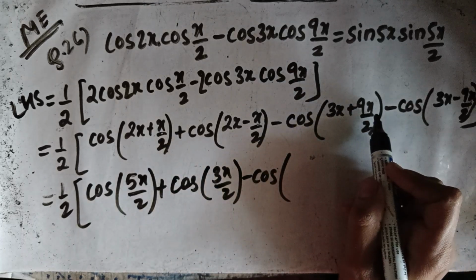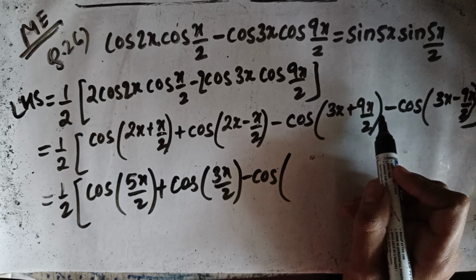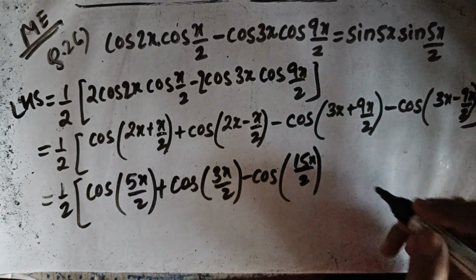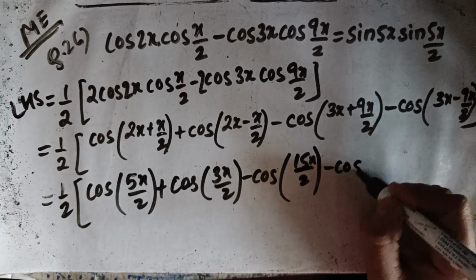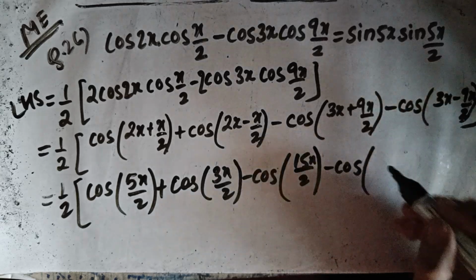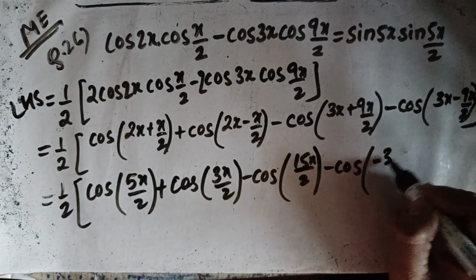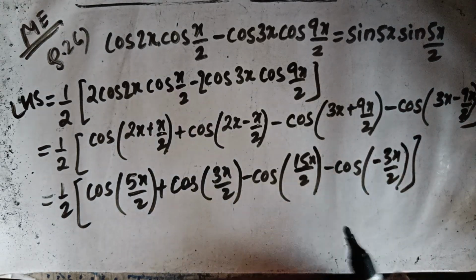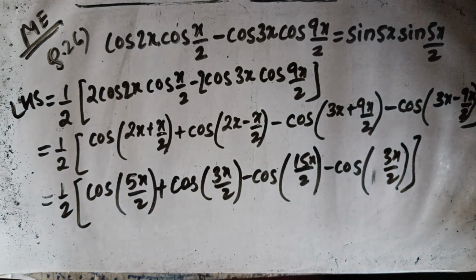Then 6x plus 9x is 15x by 2, and 6x minus 9x is minus 3x by 2. Now cos of minus x is cos of x, so you can remove this.